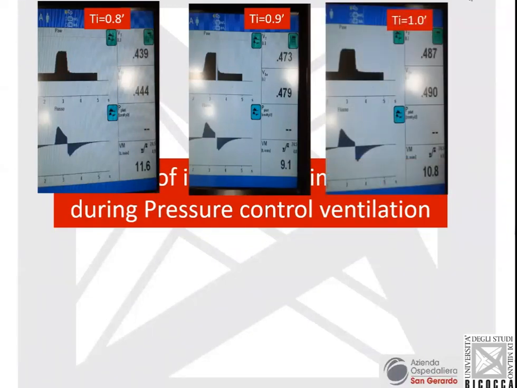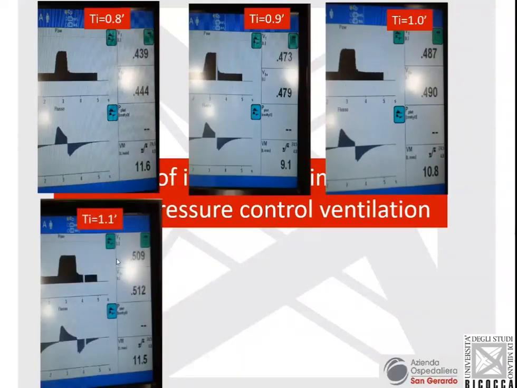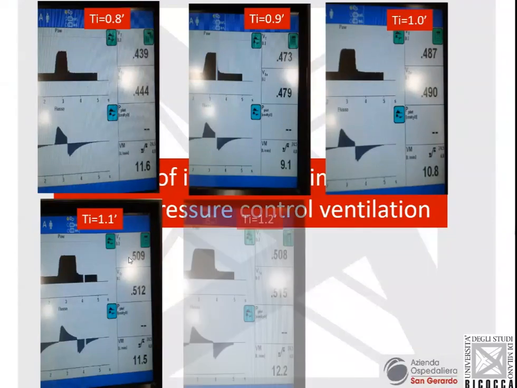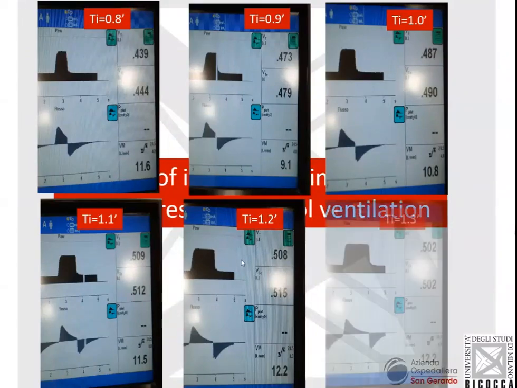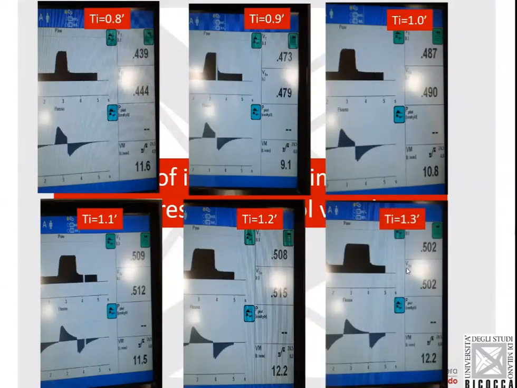And if we increase the inspiratory time further, the tidal volume keeps increasing a little bit more. But if we keep extending the inspiratory time, the tidal volume will start to decrease again.